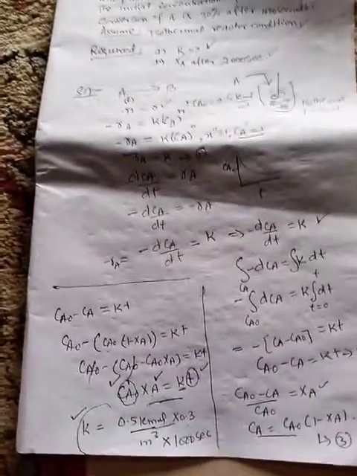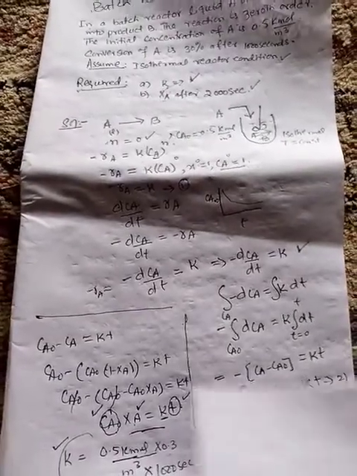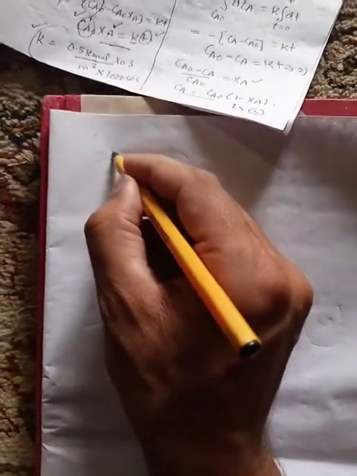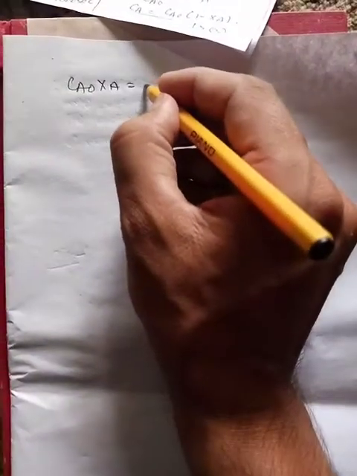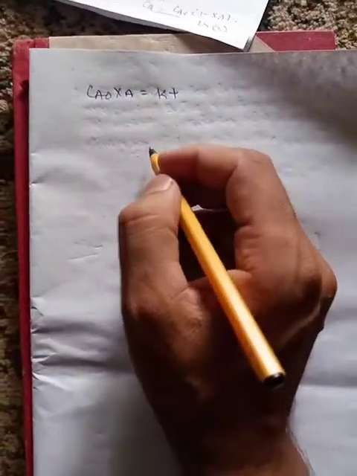Now what will be the conversion after 2000 seconds? We know from the above relation that Ca0 into Xa is equal to Kt. The K value is obtained in the first step.